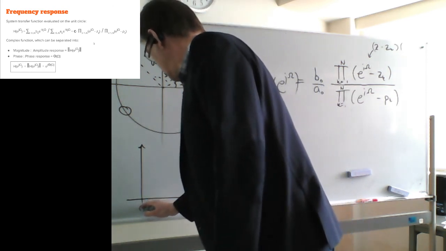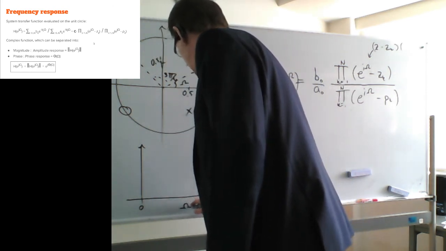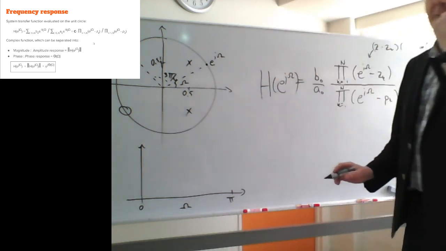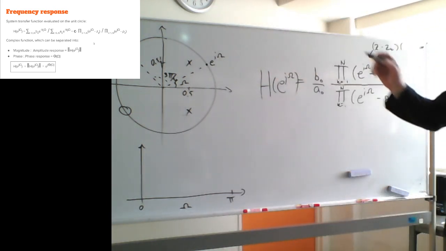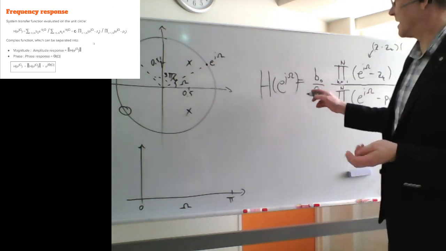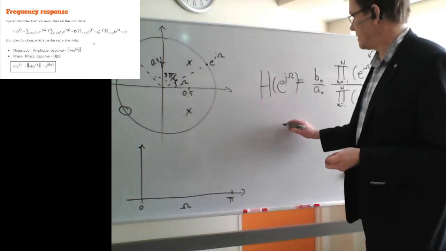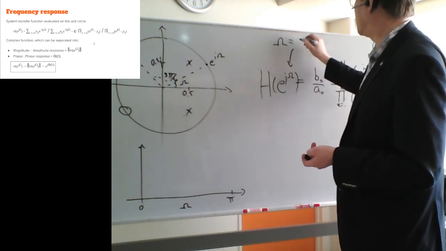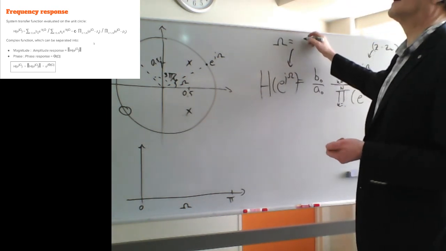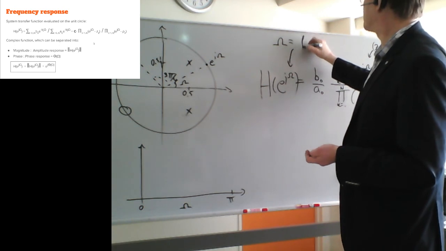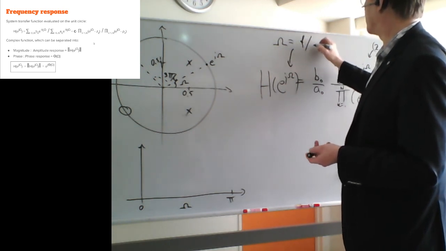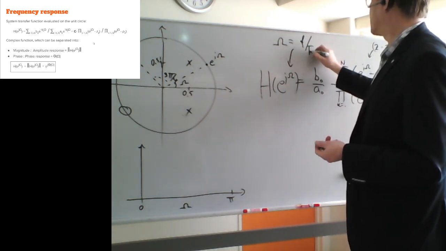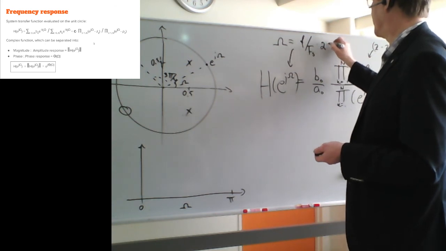That's the complex angle omega. By the way, the mapping of this omega is quite simple. Omega is the physical frequency over the sampling rate times 2 pi.